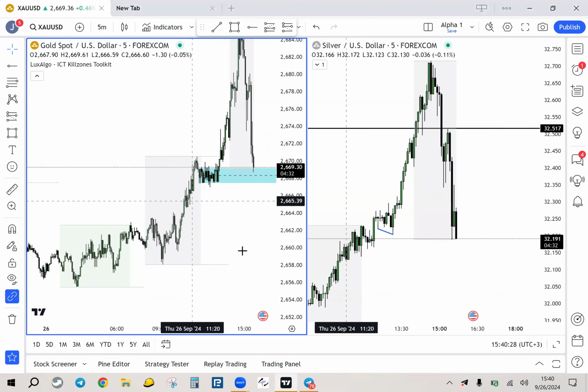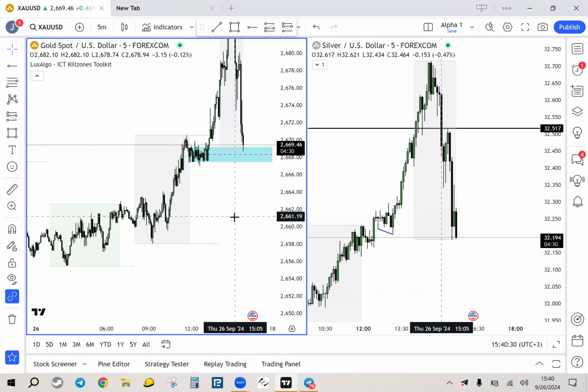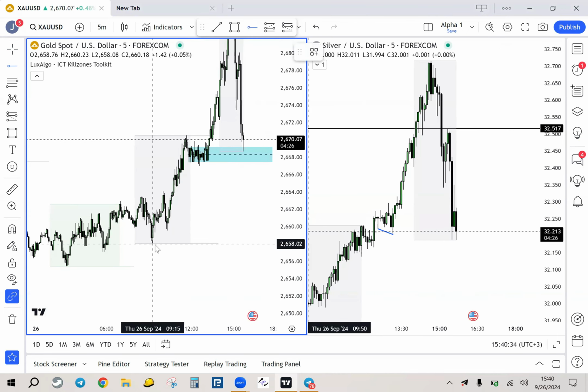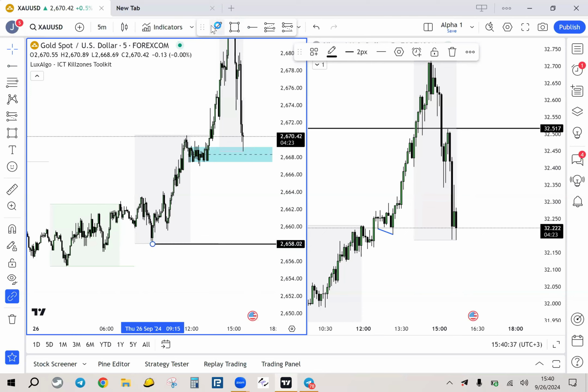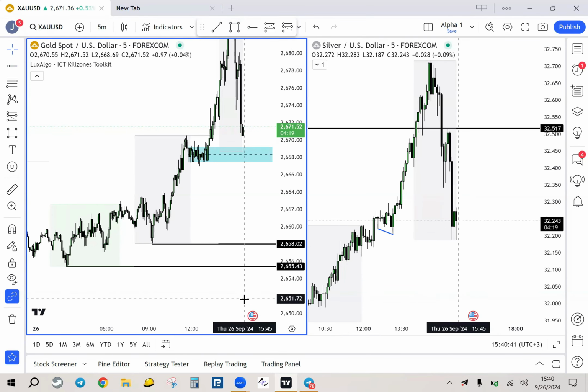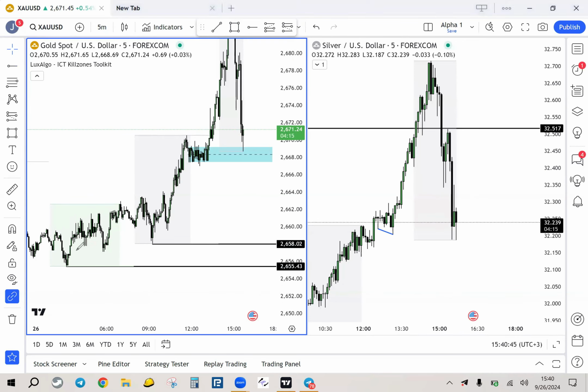Okay, now if I would zoom out a bit, the other liquidity area that I would obviously see would be the low of London session, and then the low of the Asia session. This is time-based liquidity, not price-based liquidity. Because to be honest with you, price did not spend a lot of time in this area to accumulate there like it did in here, to consider it liquidity that takes time to build.